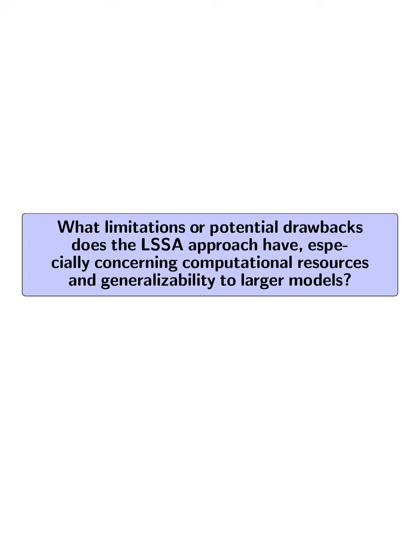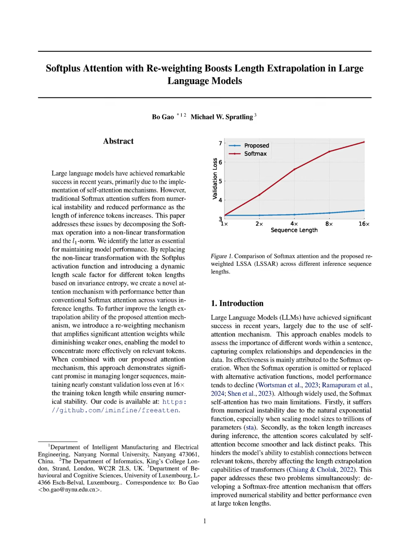What limitations or potential drawbacks does the LSSA approach have, especially concerning computational resources and generalizability to larger models? The LSSA approach, while demonstrating improved performance and numerical stability, has notable limitations regarding computational resources and scalability to larger models.